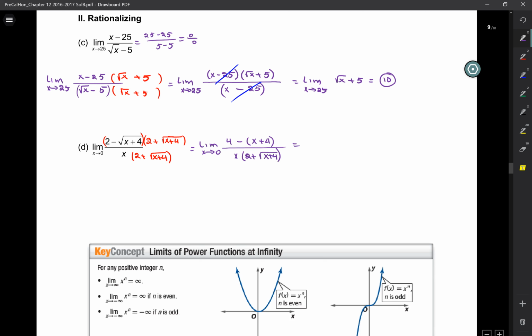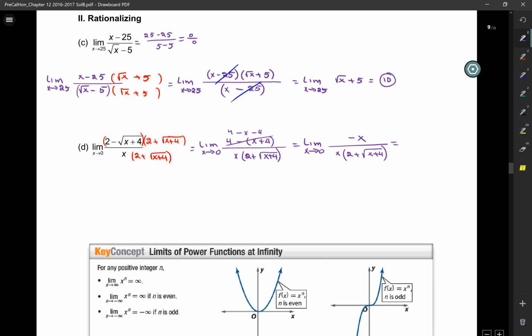Okay, so now watch what's going to happen. This is the limit as x approaches 0. What do I get on top? When I distribute the negative, it's 4 minus x minus 4, which is negative x over x times 2 plus root x plus 4.